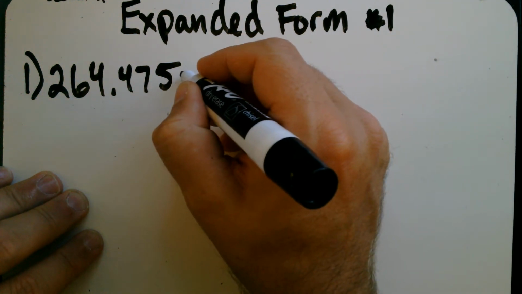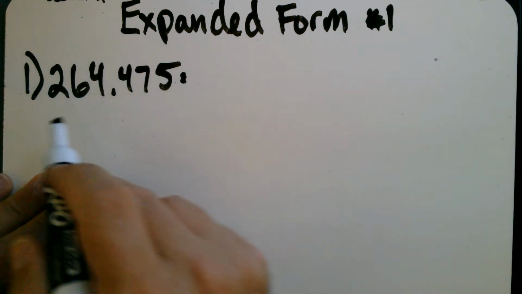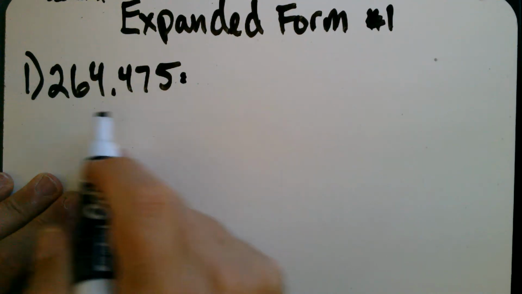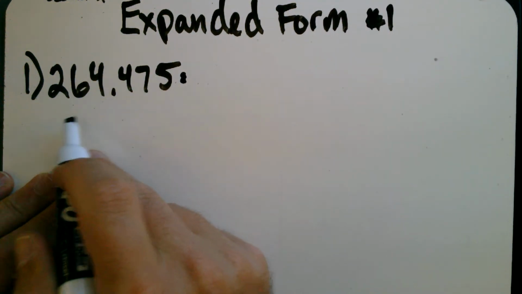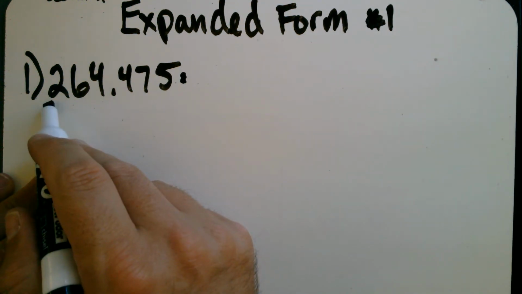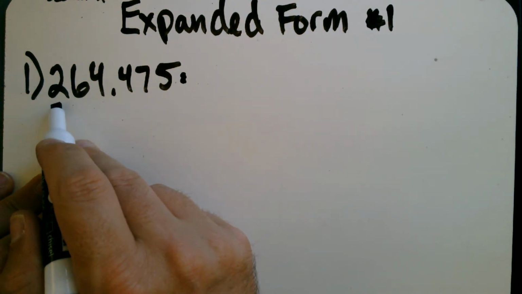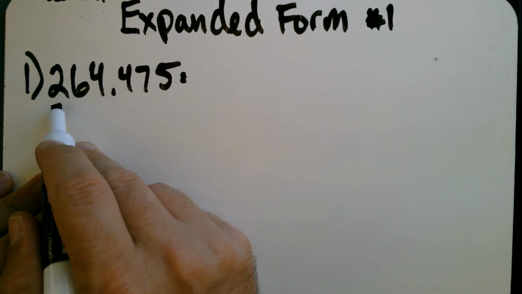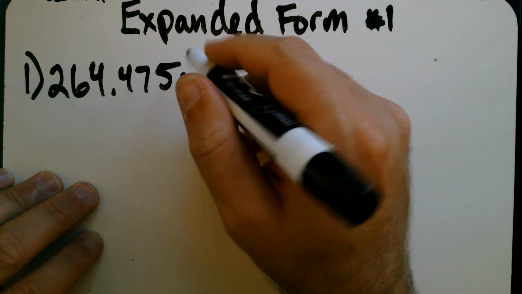Okay, so if I want to convert from standard form, remember this is the standard form of the number. This is how we normally write. I'm going to always start on the left with the largest place value, which in this case is my 2, which is representative of 200.